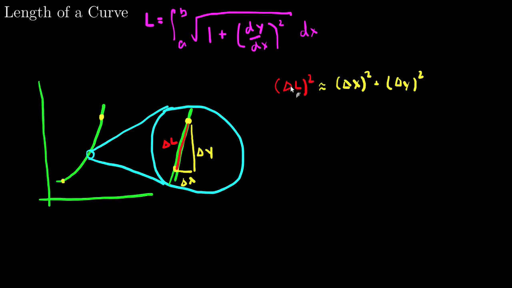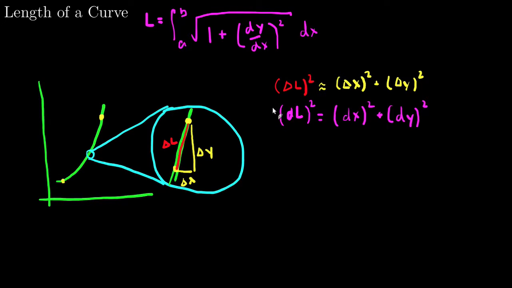Instead of taking these actual steps, we can take infinitesimally small steps, dl squared, and that will exactly equal dx squared plus dy squared, because on an infinitesimal level it is locally linear, so it behaves just like a line with a nice little right triangle.